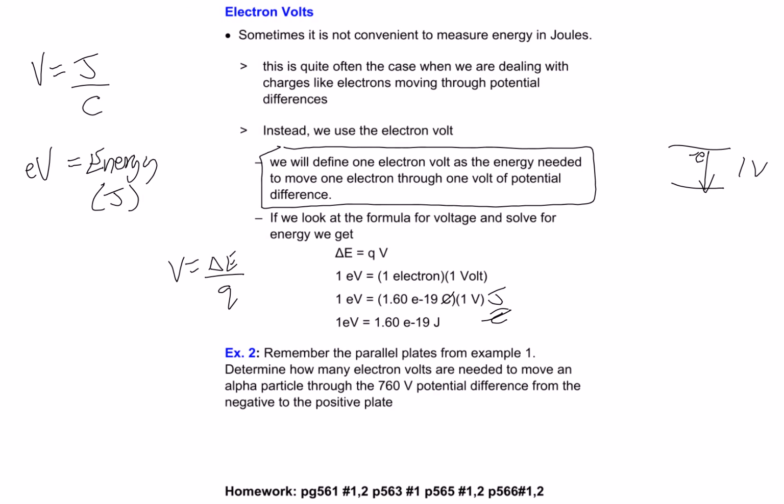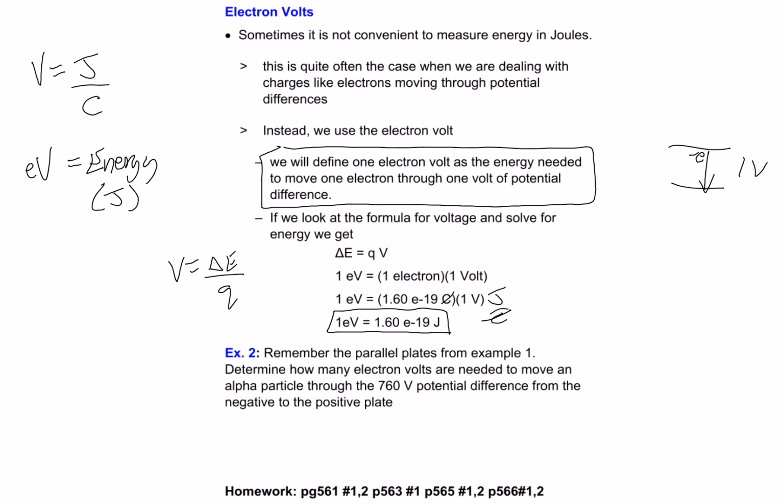So you can see the coulombs would cancel, so we end up with 1.6 to the negative 19, which is the charge of an electron. So an electron volt is the exact same thing as the charge of an electron, but it's in energy, not coulombs. Okay, so to convert back and forth, that's all you have to do is divide or times by 1.6 to the negative 19. So let's do the second example.